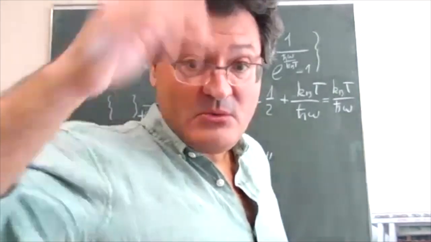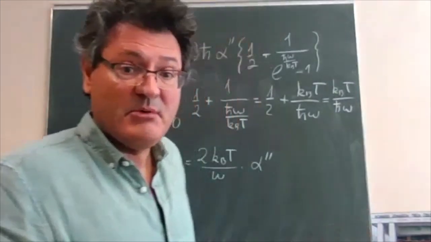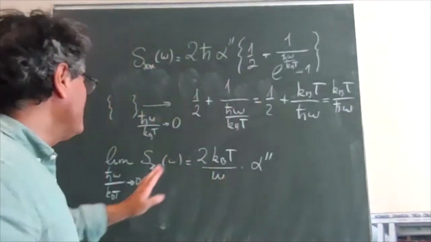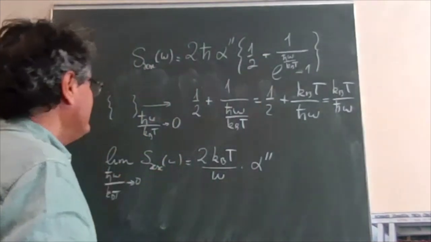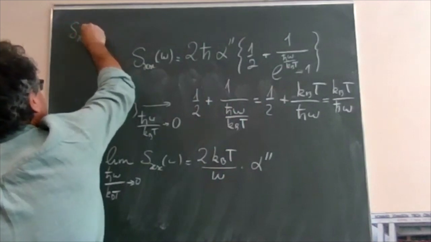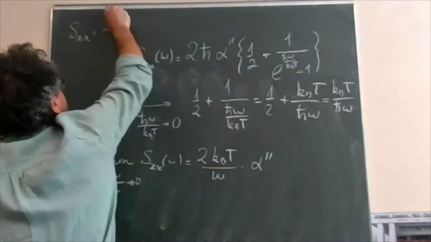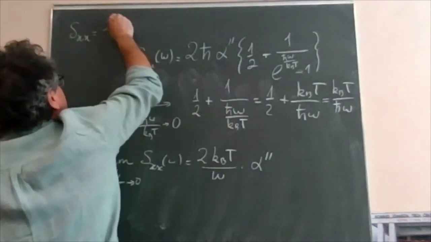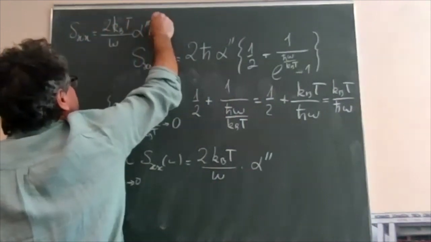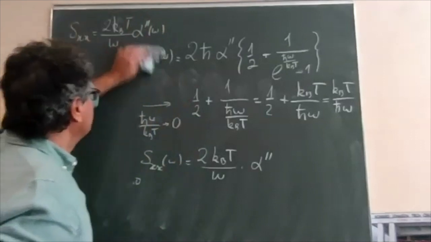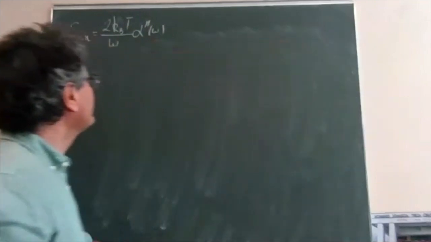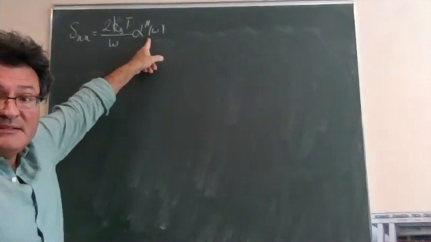Okay, now we are going to discuss some properties of this susceptibility function. So let's copy here the classical limit of the fluctuation dissipation theorem and let's discuss this.